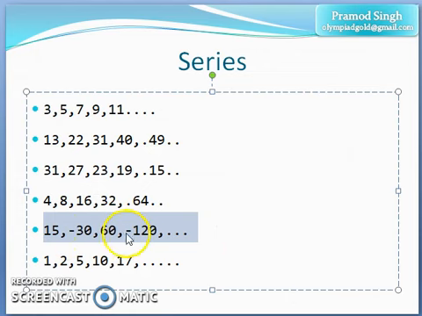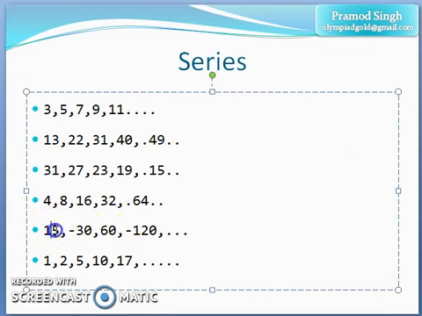It's increasing in number, but the sign is changing. Plus, minus, plus, minus. So then, it's doubling actually in the absolute value term.